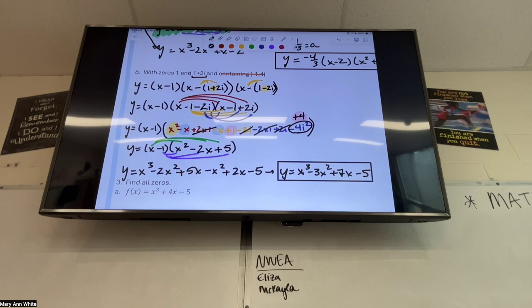That's what I get when I simplify everything out, and that's what I get when I'm ignoring the containing that point. But let's bring that containing that point back in.